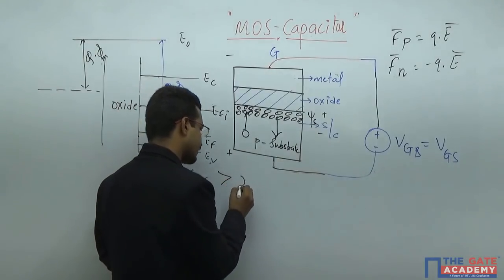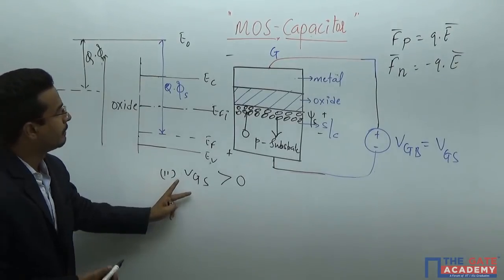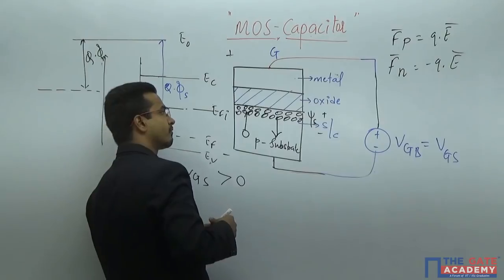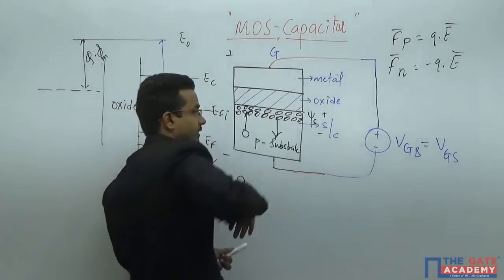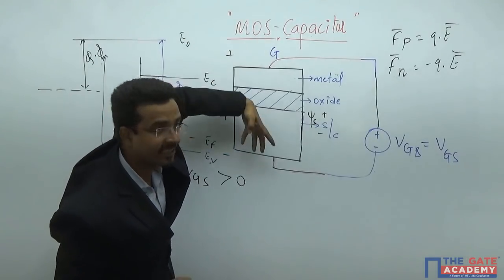If my VGS is greater than 0, this will be at higher potential than this, so the electric field direction will be downward.